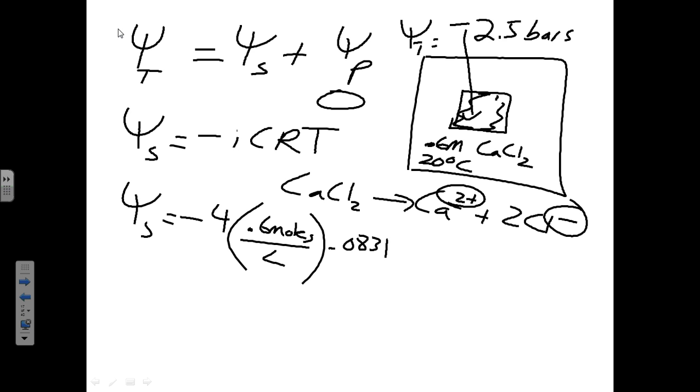And the units are a little weird, but it's bars. And this constant is given to you on your formula sheet. Bars times liters over moles times Kelvin. And then the only thing we've got left is the Kelvin temperature, which would be what? 293. Celsius plus 273 to get Kelvin.